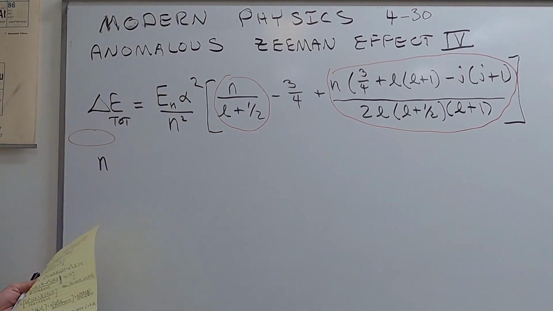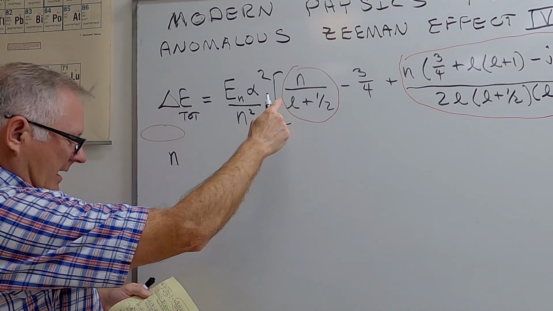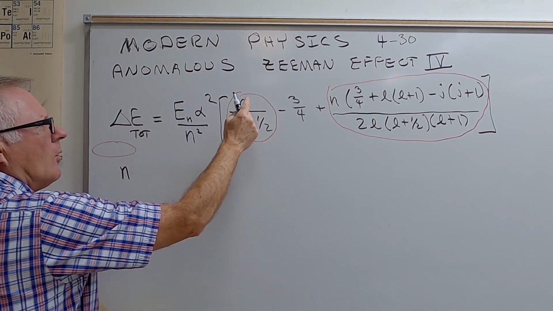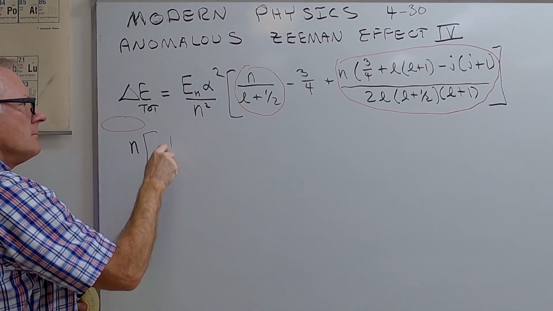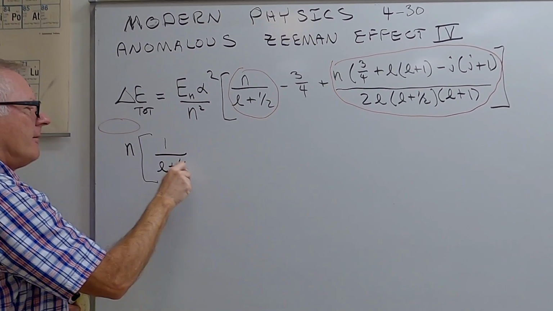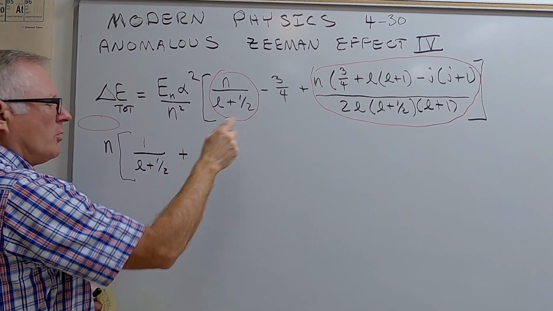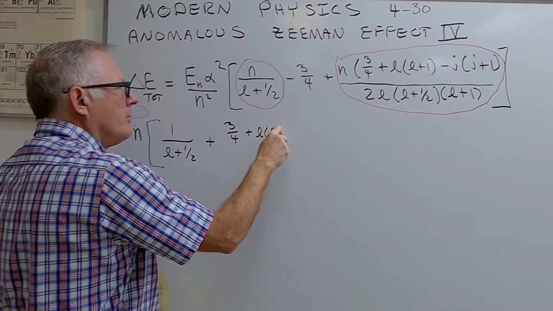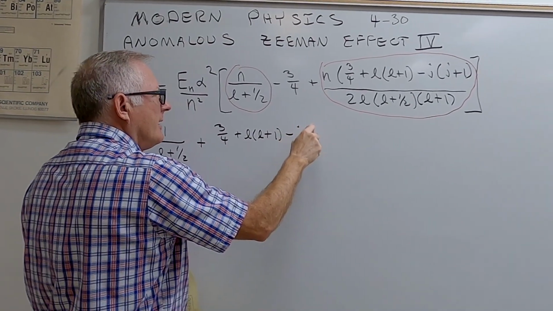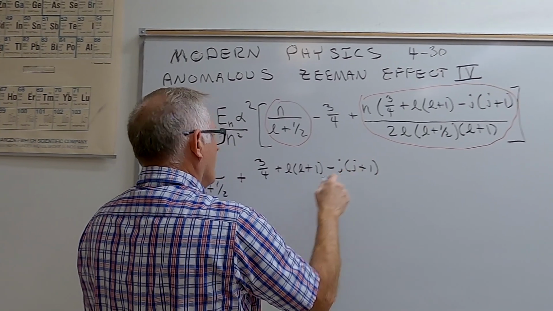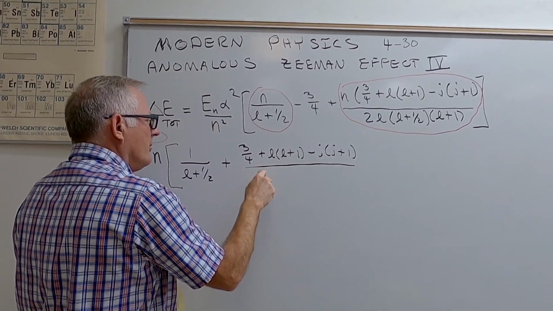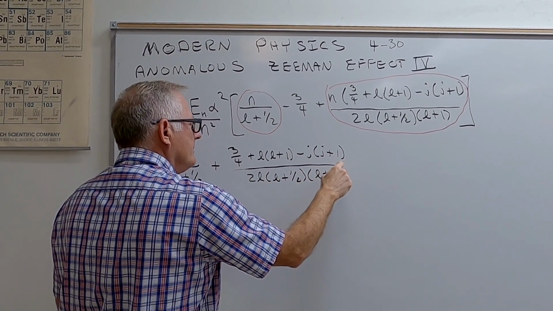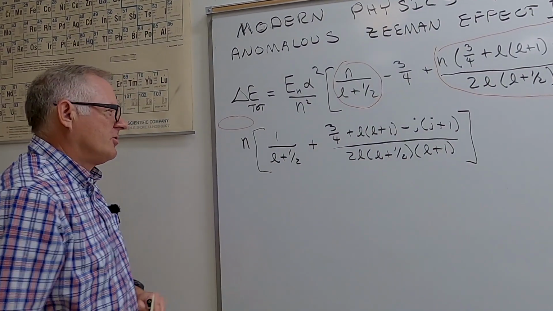We've got an n, and then we've got 1 all over L plus a half, plus, and since we pulled out that n, it's just 3/4 plus L times L plus 1 minus J times J plus 1, all over 2L times L plus 1/2 times L plus 1. So that's just the 2 in the red circle right there.